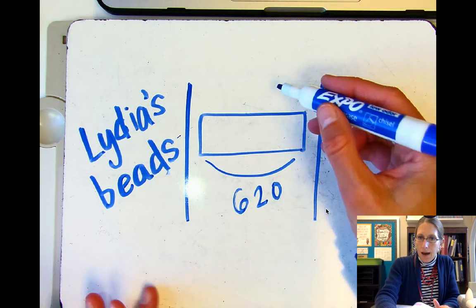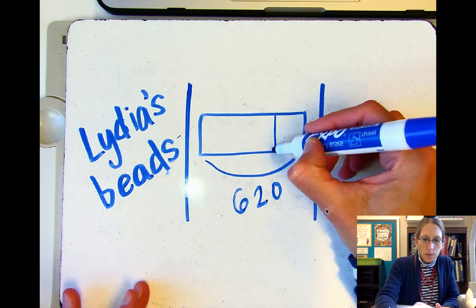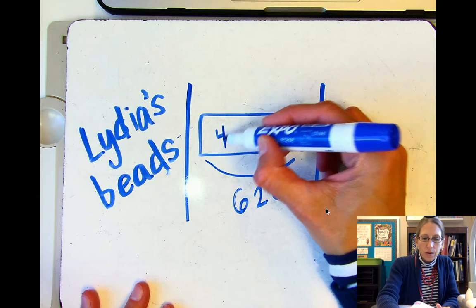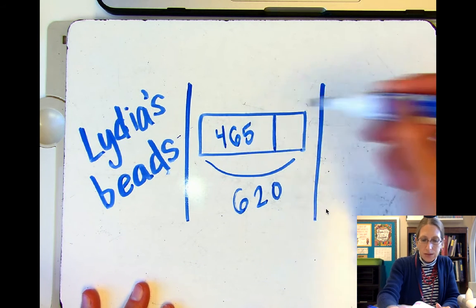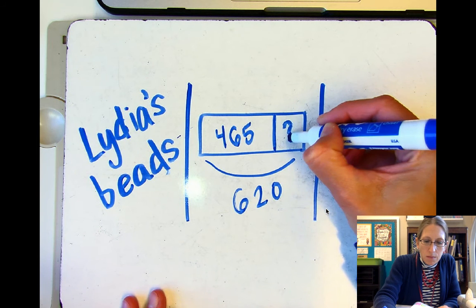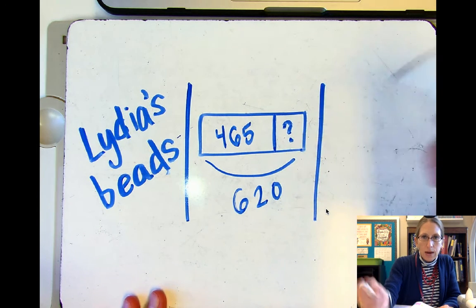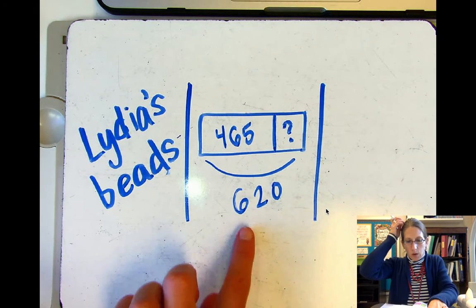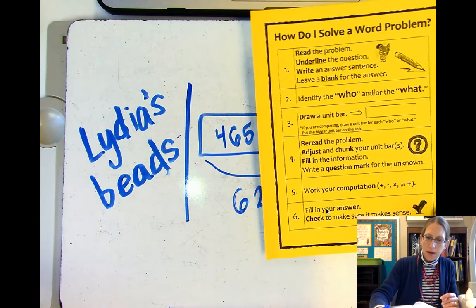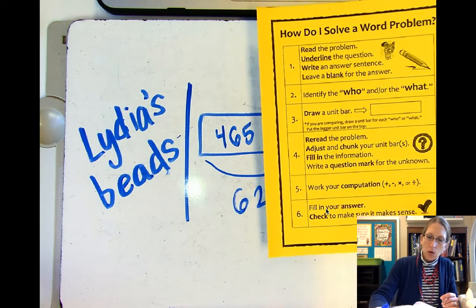She already has some, so I'm going to chunk my unit bar into two parts. One part is the number of beads she already has. And then our question mark is how many more she needs if she wants to make the bag with 620 beads.